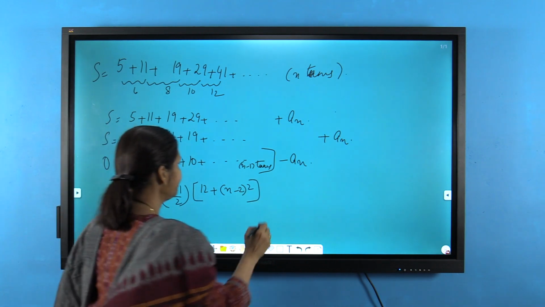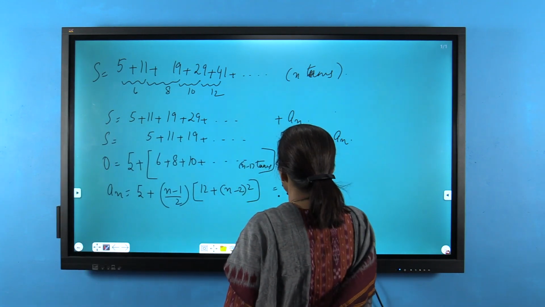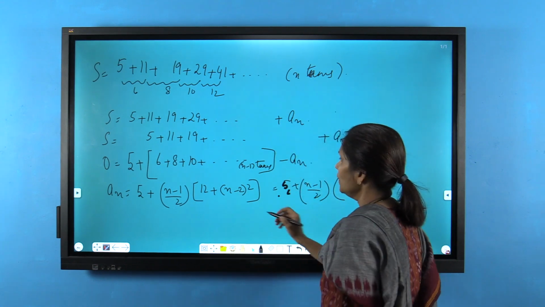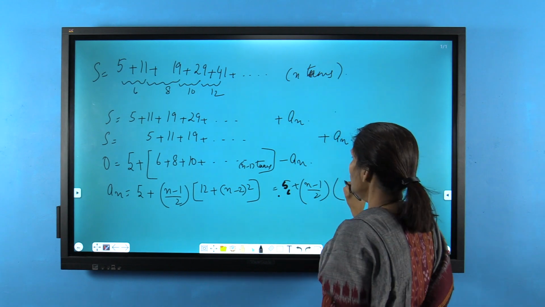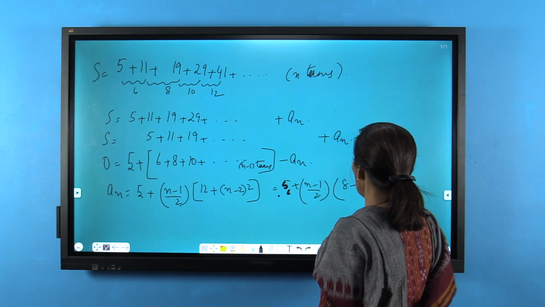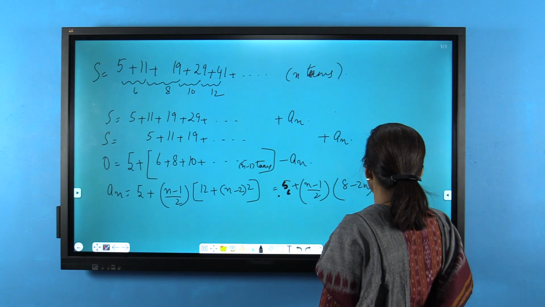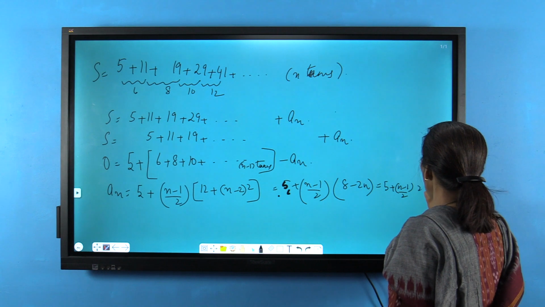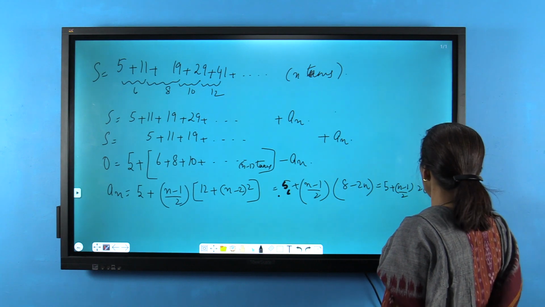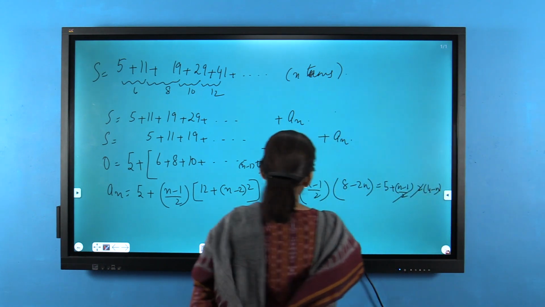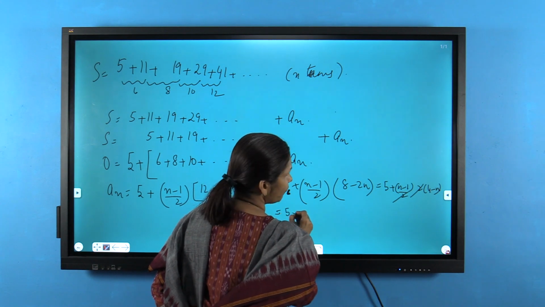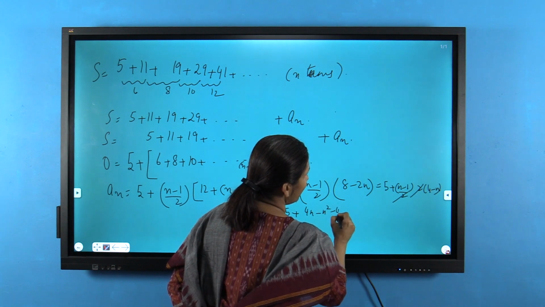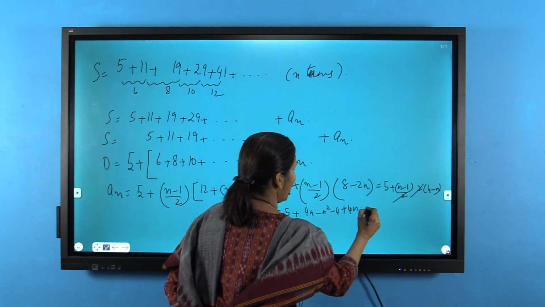So, this is 5 plus n minus 1 by 2 into, this is 12 minus 4, this is 8 minus 2n. So, this is 5 plus n minus 1 by 2 into, take a 2 out, 4 minus n. So, this is 5 plus 4n minus n squared minus 4 plus 4n.